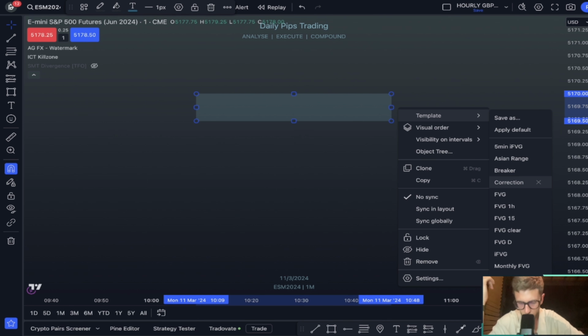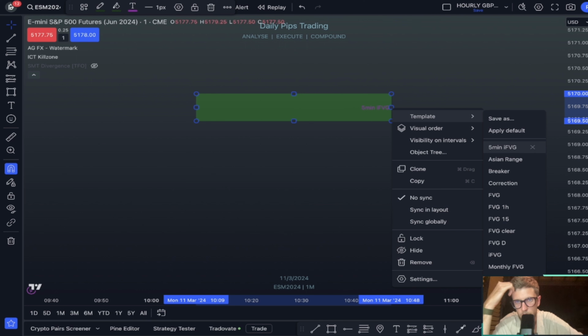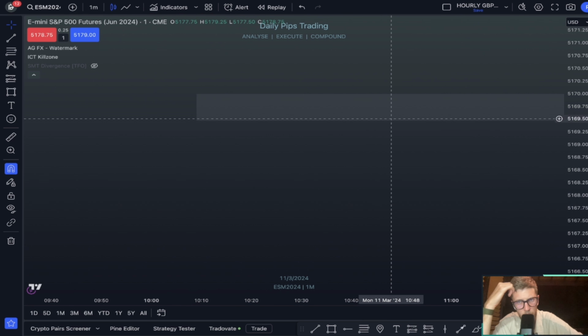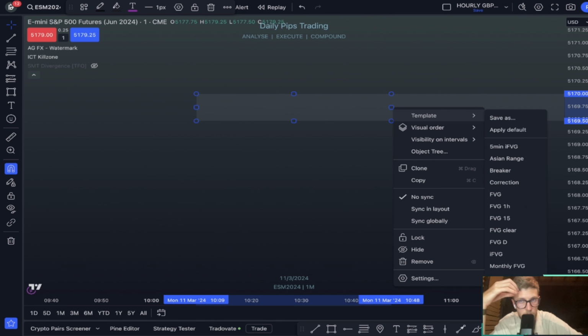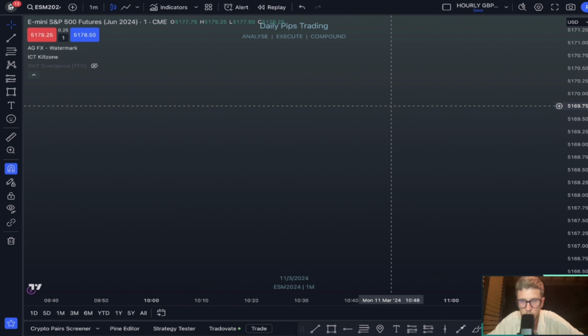So I always have these in front of me, and then I use inverted fair value gaps, right? Last time I used it was 5 minutes, so you get a 5-minute template in front of you. And then I use OTEs and price gaps, I use that for new day opening gaps, right? It's a template that pushes the box to the right, which is quite useful.